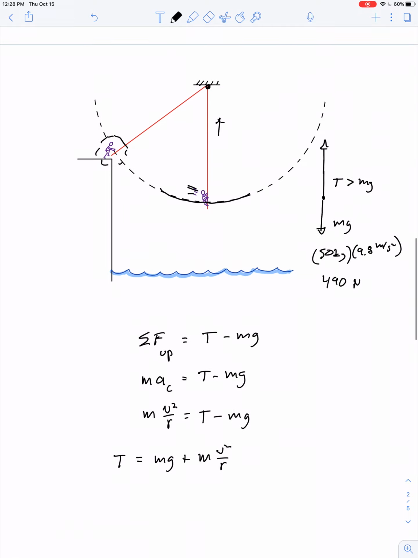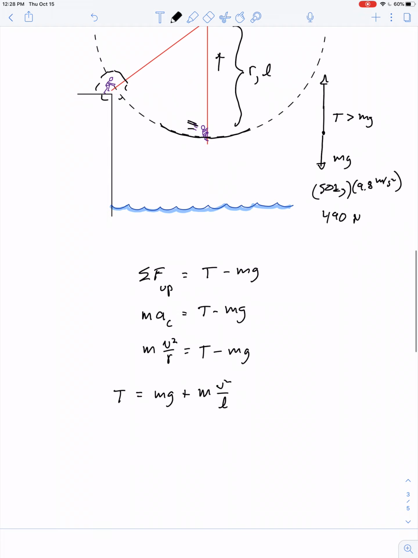By the way, there's no distinction in this case between the radius of the circle or the length of the rope. So if we want, we can scribble out the r and replace it with L. So step 1 is a statement of Newton's laws. Steps 2 and 3 involve some substitution and rearranging. Now in step 5, we're going to make a substitution.